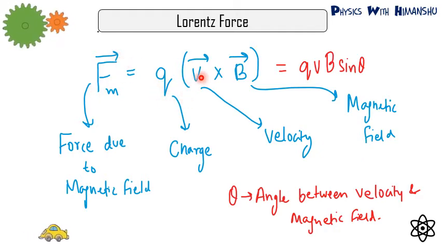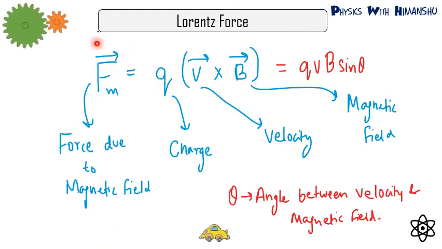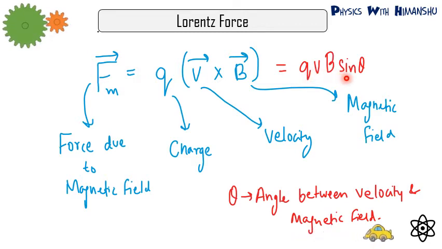Always remember this is a cross product, and A cross B is AB sin theta. So if you only have to find the value of the force, then the value of the force will be qvB sin theta, where q is charge, v is velocity, B is magnetic field, and theta is the angle between velocity and magnetic field.